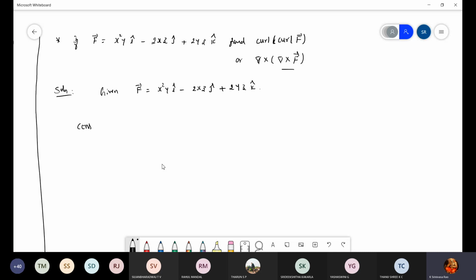Consider curl f equals determinant of i, j, k. Components of the first row are dou by dou x, dou by dou y, dou by dou z. And now the components of our problem: x square y, minus 2xz, plus 2yz.